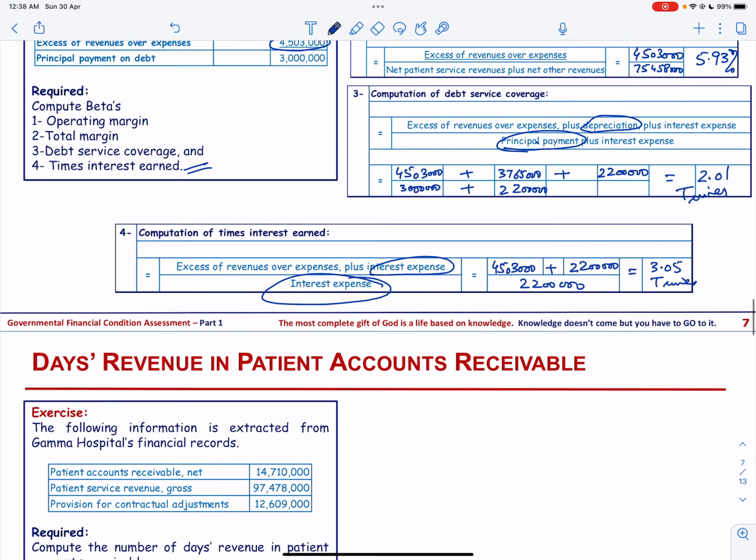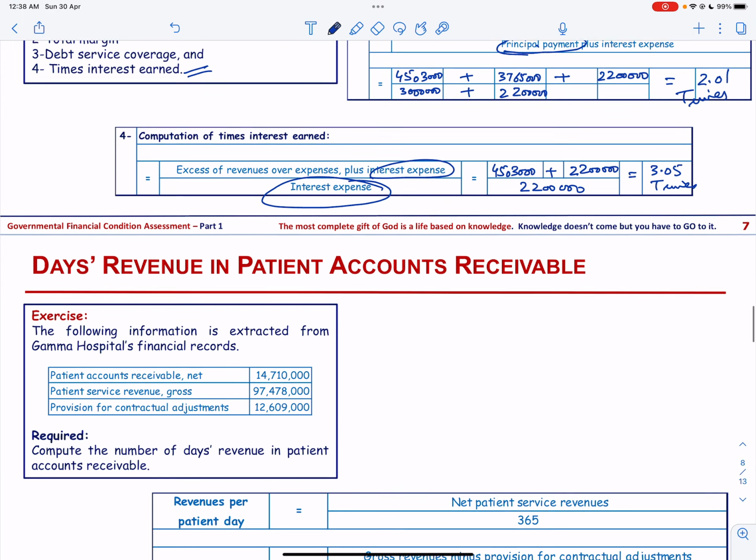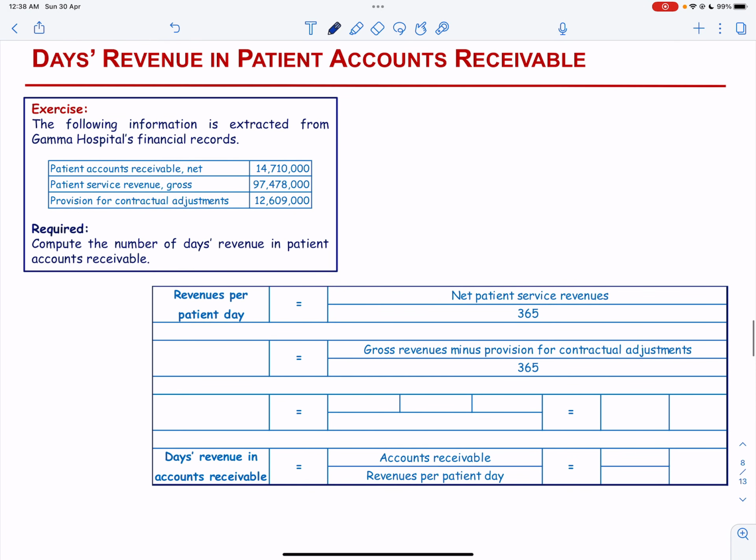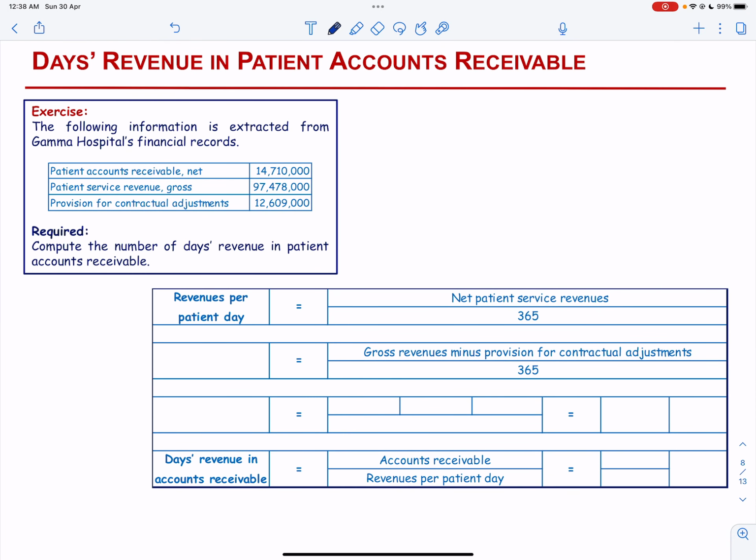Next, let us solve an exercise on days revenue in patients accounts receivable. Now the following information is extracted from Gamma Hospital's financial records. We have the patient's accounts receivable, net, the gross patient service revenue, and the provision for contractual adjustments, and we have to compute the number of days revenue in patients accounts receivable.